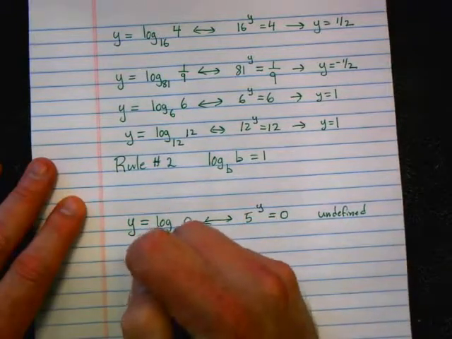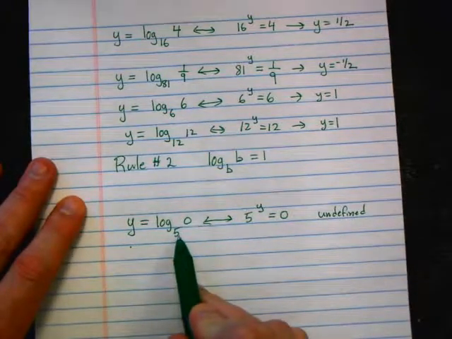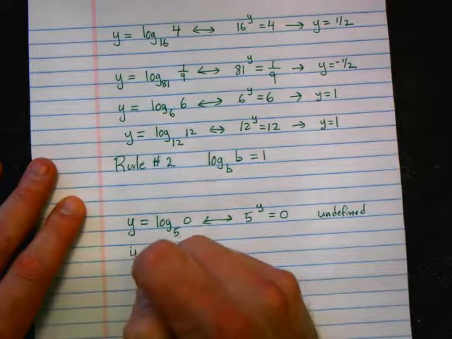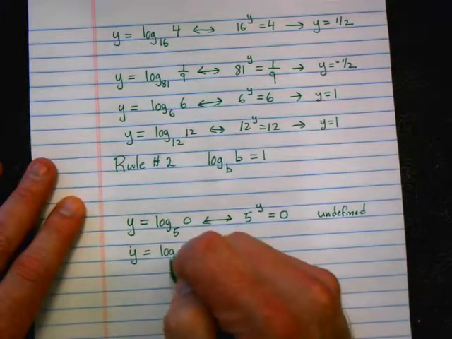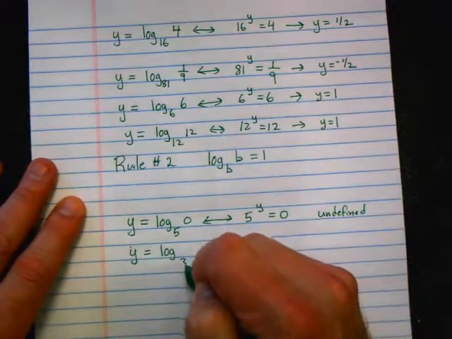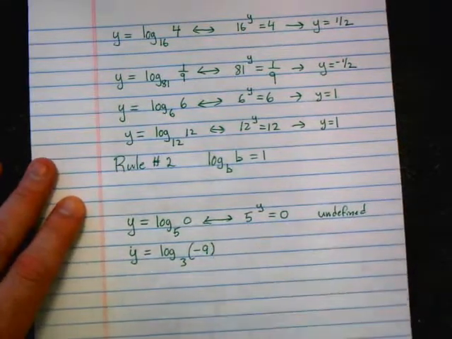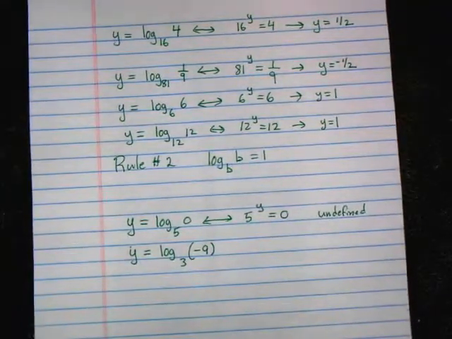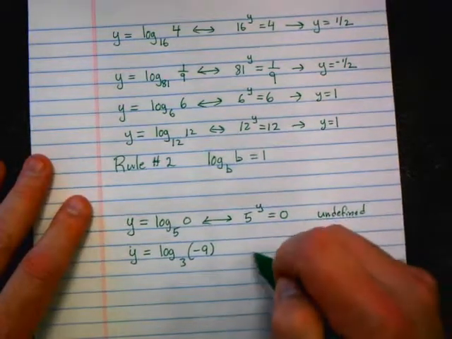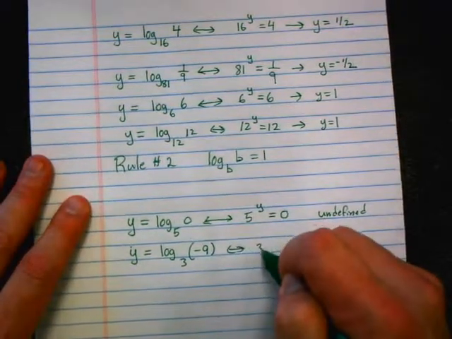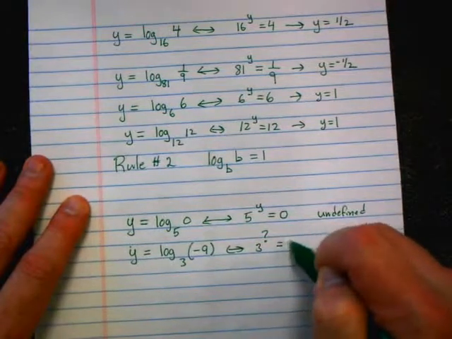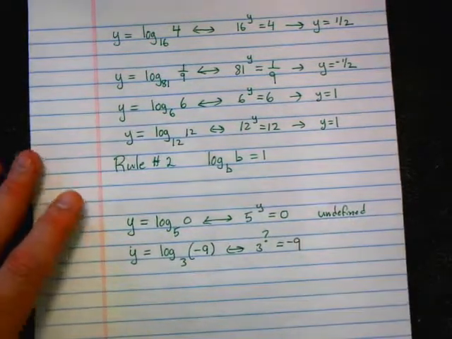Is there anything special about the number 5 right there? No? What if I gave you y equals log base 3 of negative 9? Well, that's the same as asking 3 to what power gives you an answer of negative 9.